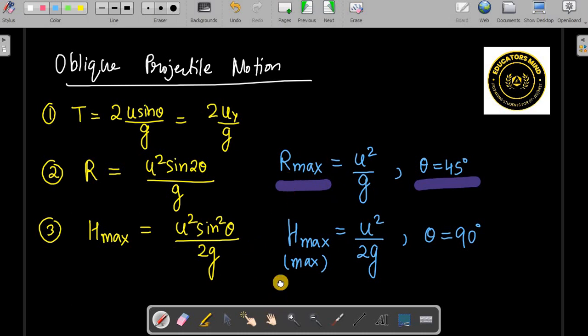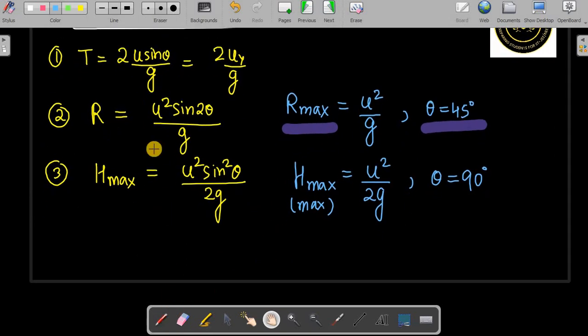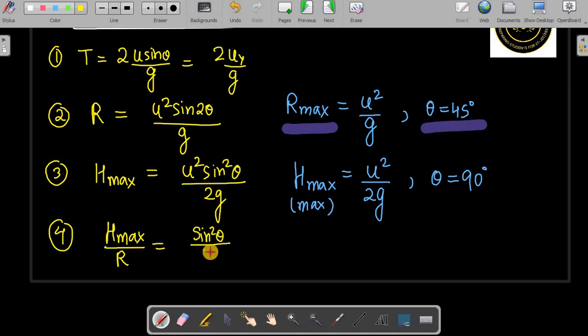Another thing we can notice: if I take the ratio of H max by range, what do we get? The u square by g factor will get cancelled. You will get sin square theta by 2 sin 2 theta, which you can write as 2 sin theta cos theta.